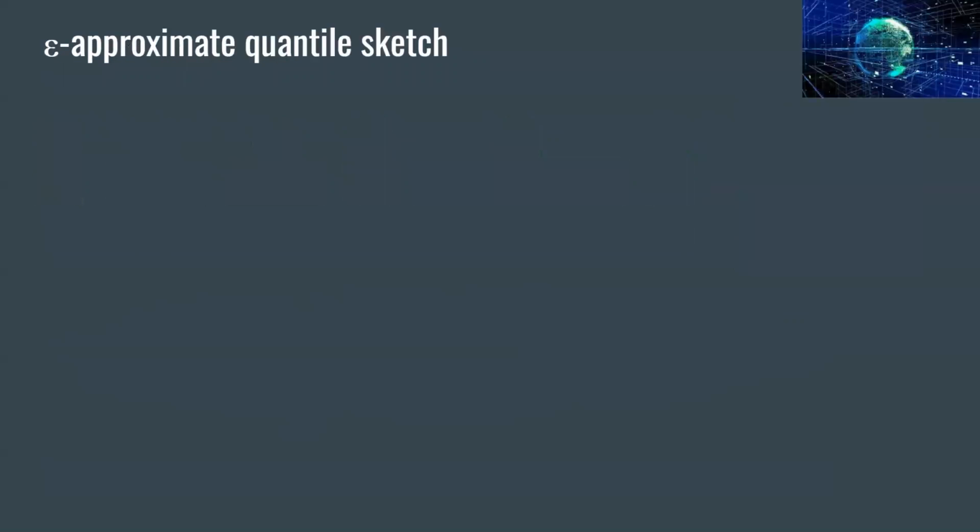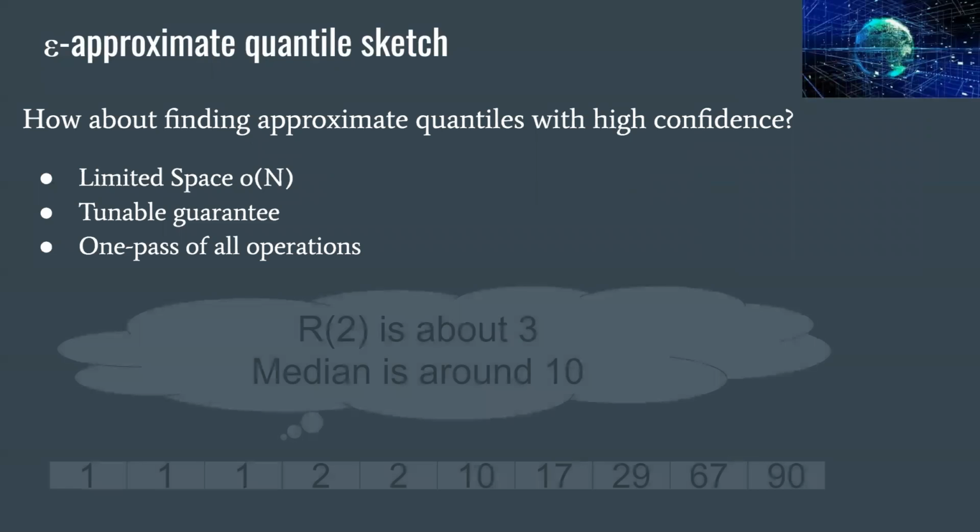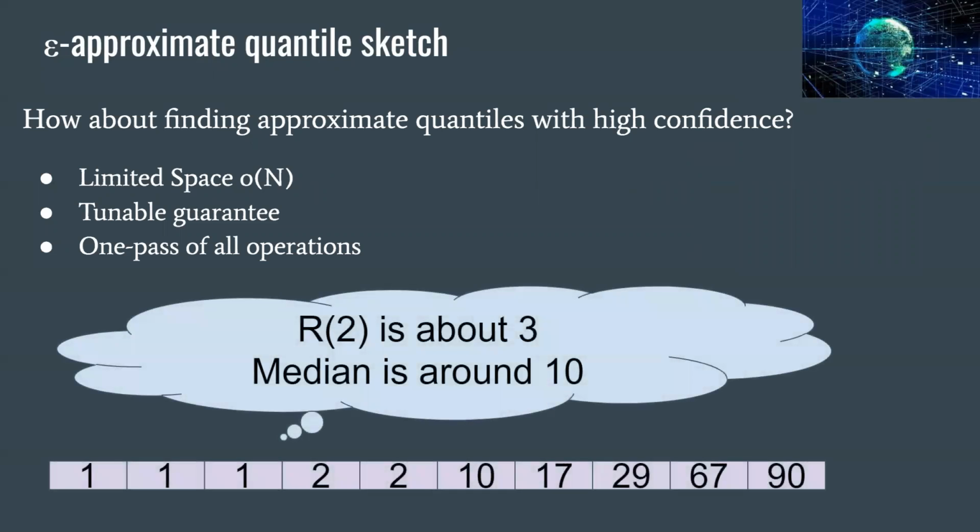But how about approximation? With the requirements of using sublinear space, providing a tunable guarantee, and one pass over all operations, can we approximate the quantiles with high confidence? In this example, can we say the rank of 2 is about 3, and the median is approximately 10?